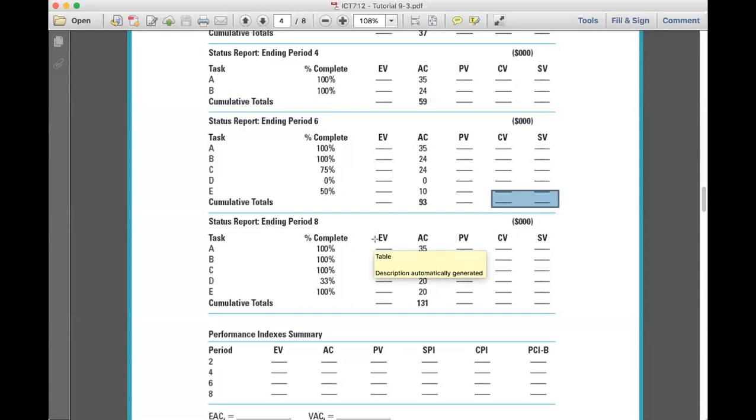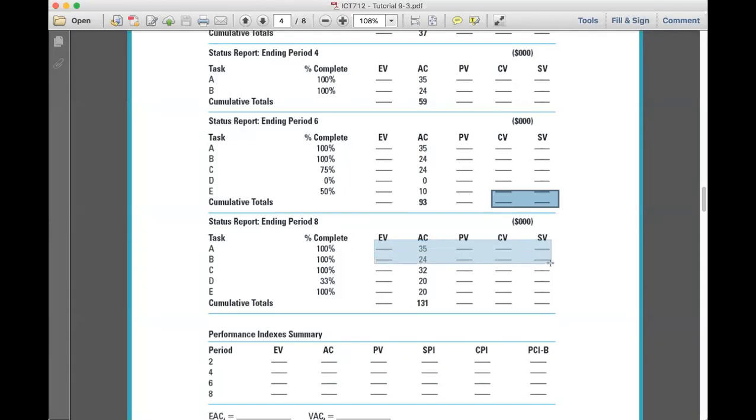All right. Now, period number 8. What's the earned value? What's the planned value? No, I'm talking about what I'm highlighting here. 40, 40. 50, calculate it.